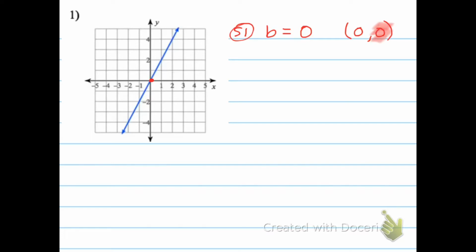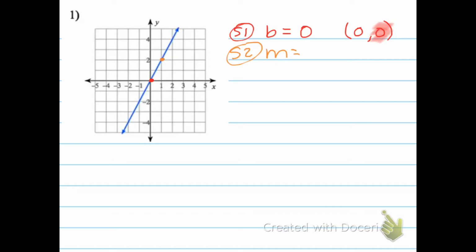And now we need to find our slope. Our step number 2 is to find our slope. Let's see what our slope is. I know the easiest thing to do is choose the y-intercept and then choose another point that is a perfect point. In this case, here is not a perfect point, so I'm going to go to the next one.